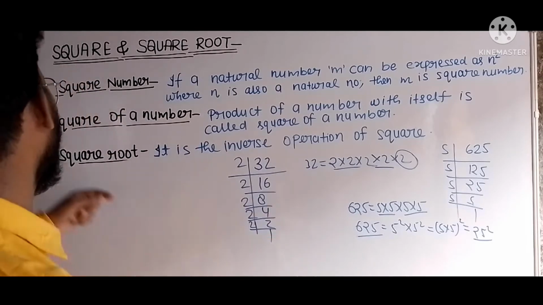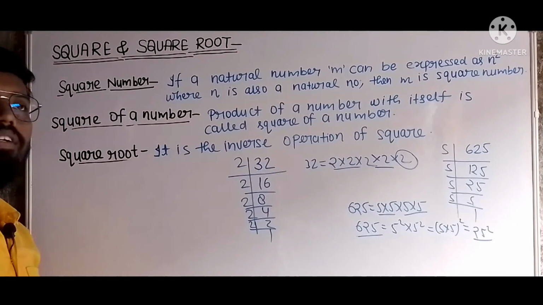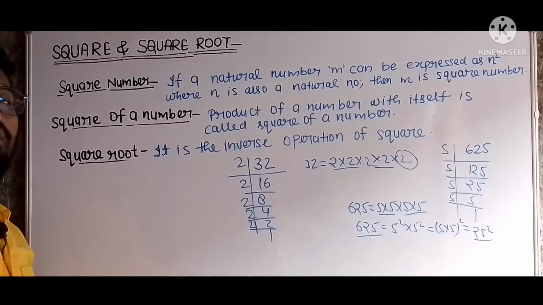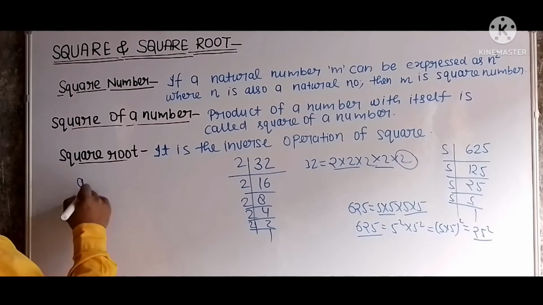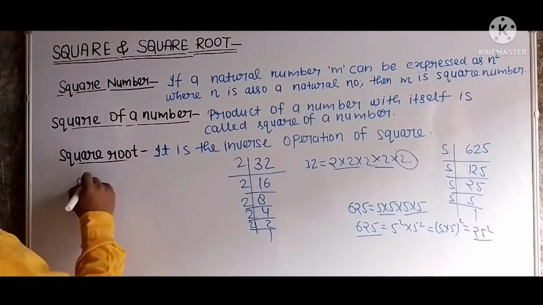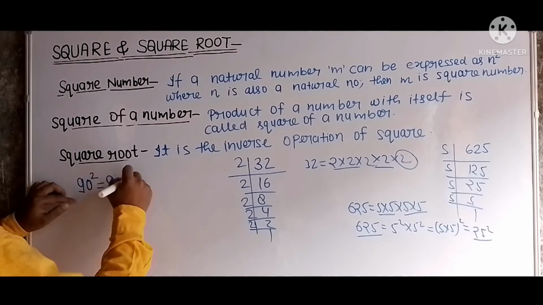Now let us understand what is the meaning of square of a number. Product of a number with itself is known as the square of the number. If someone asks you to find the square of 90, then the square of a number is expressed like this, and then multiply 90 into 90.